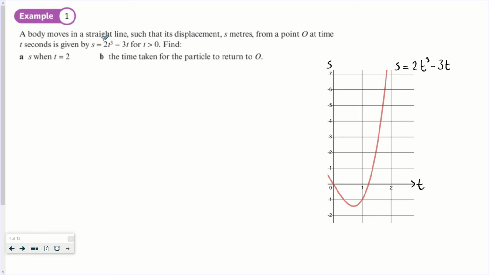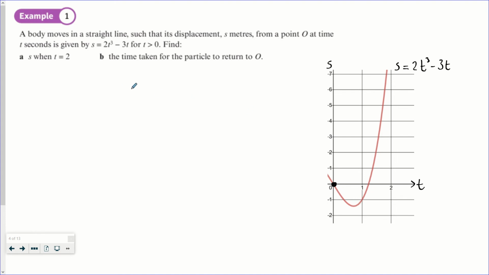In this example, we're given an equation which tells us the displacement of an object from the origin at a given time t. So it might be useful to think about what this graph looks like. I've just graphed this equation here, and you can see that obviously we start at the origin. When t equals 0, the displacement is 0, and then the displacement goes negative, and then it starts to become positive again.